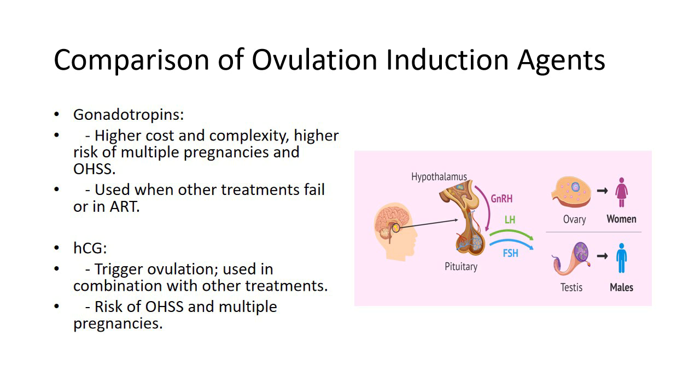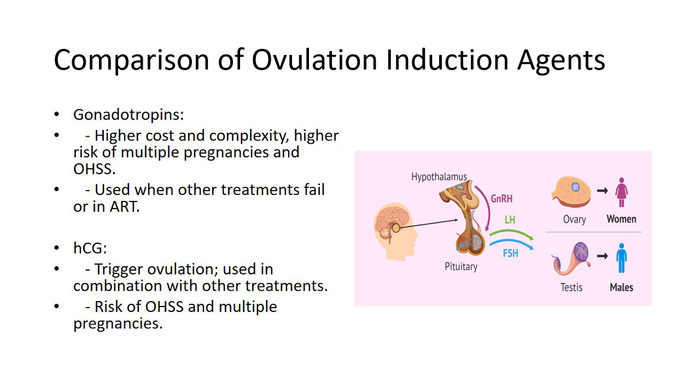4. Comparison of ovulation induction agents. Agent, mechanism, success rate, multiple pregnancy risk, endometrial effect, best for. Clomiphene citrate: estrogen receptor blocker, 70 to 80% ovulation, 15 to 20% pregnancy, 5 to 10% multiple pregnancy risk, thin endometrium, best for PCOS and anovulation.